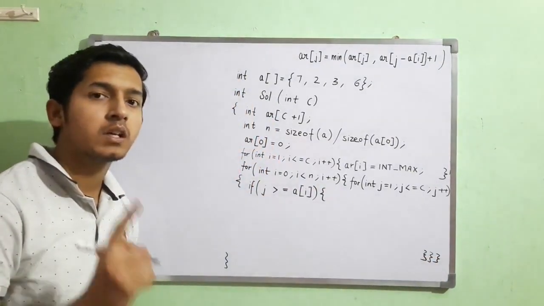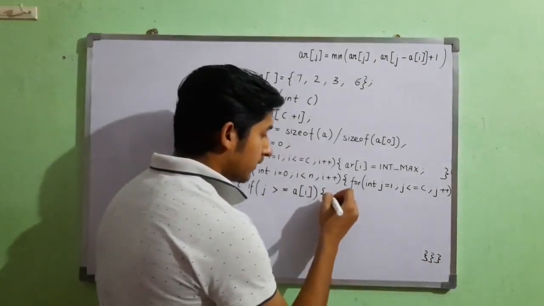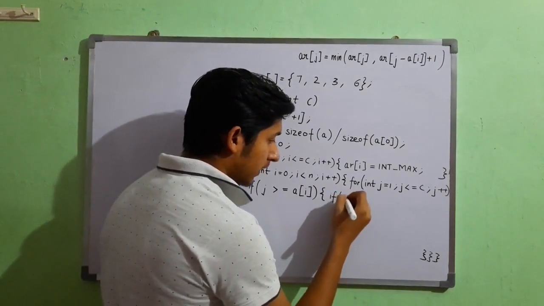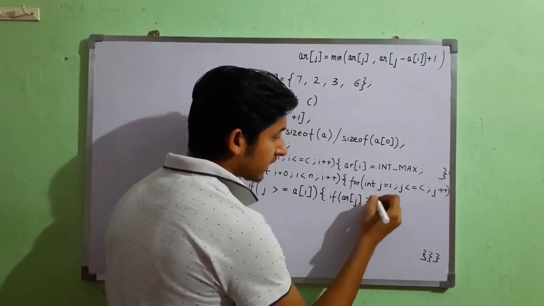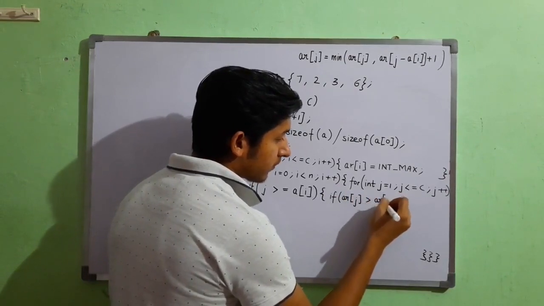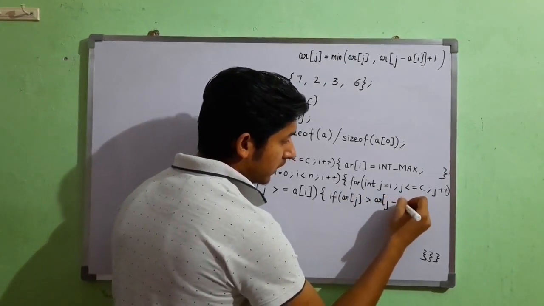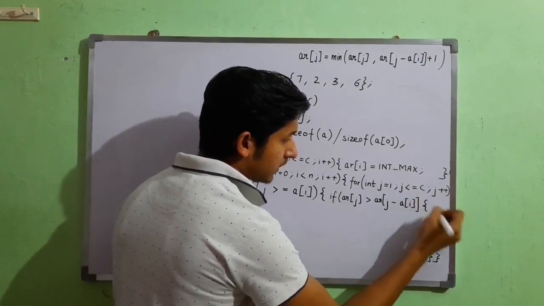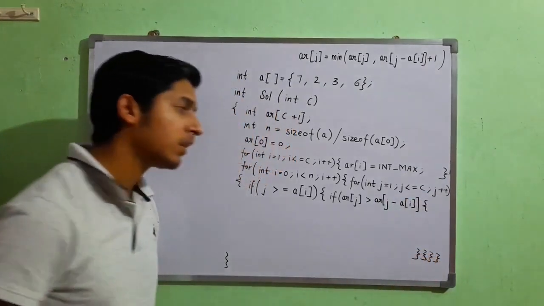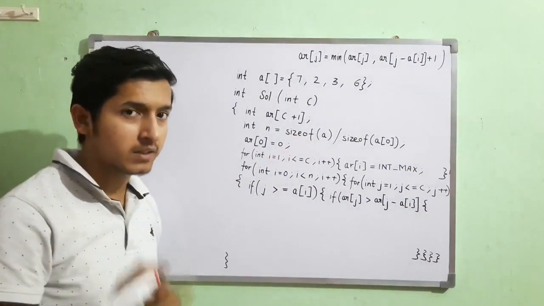Now here's another condition. If ar j is greater than ar j minus ai, then we know we can have a better value.